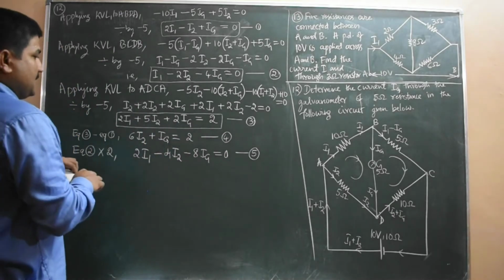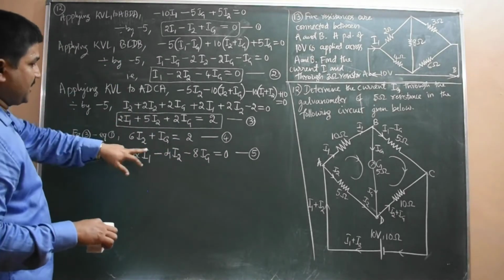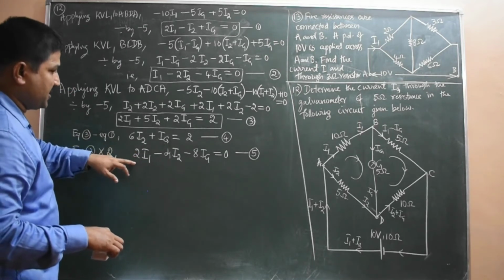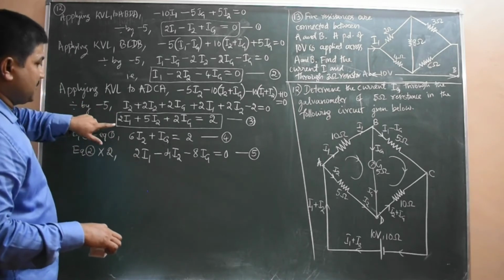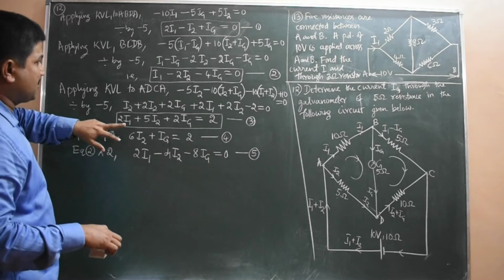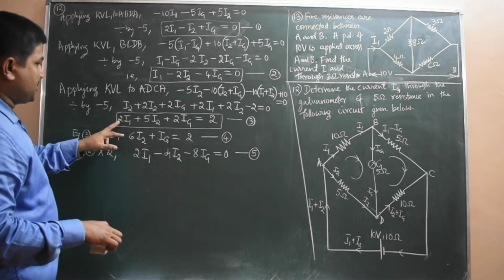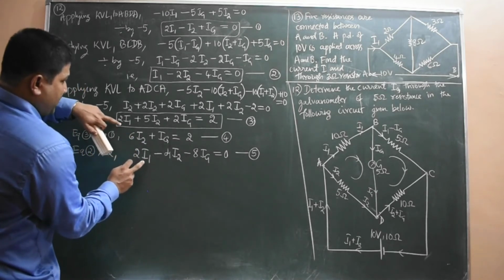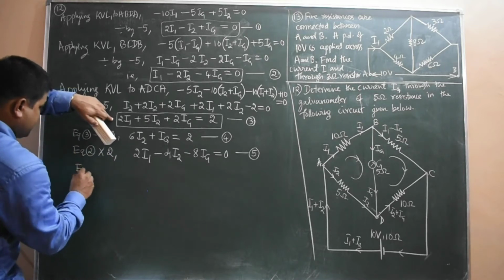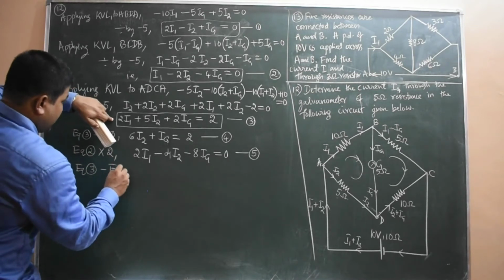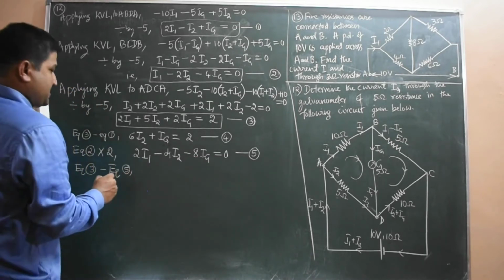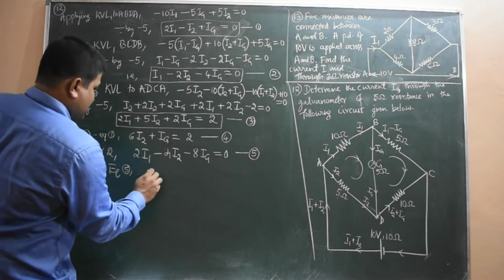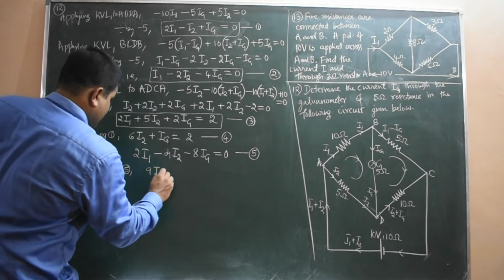Now we cannot directly solve these 2 equations, since I2 is there. So again I have to eliminate I1. We can use the first equation or equation number 3. Now I use equation 3 and 5: equation 3 minus equation 5. 2I1 minus 2I1 cancels, 5I2 minus of minus 4I2, so it is 9I2.